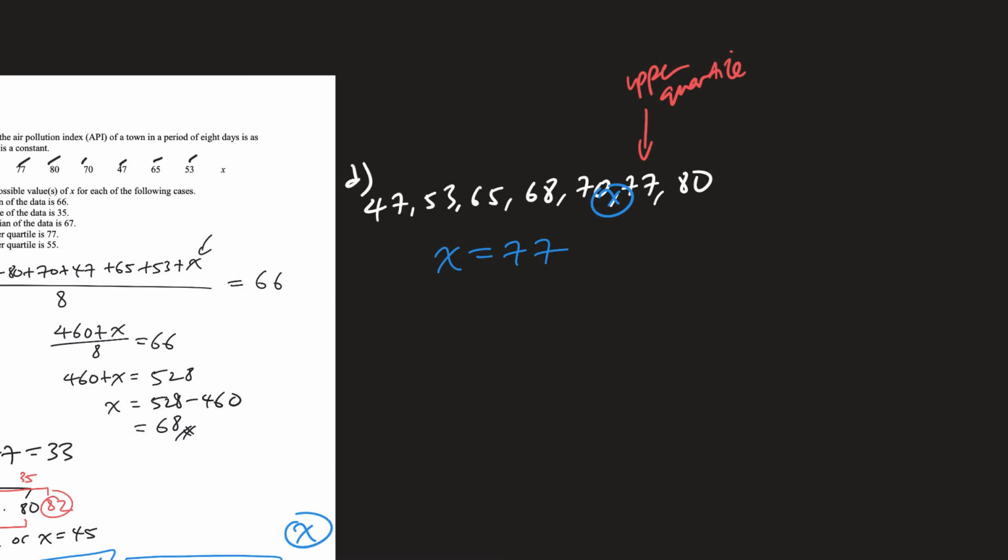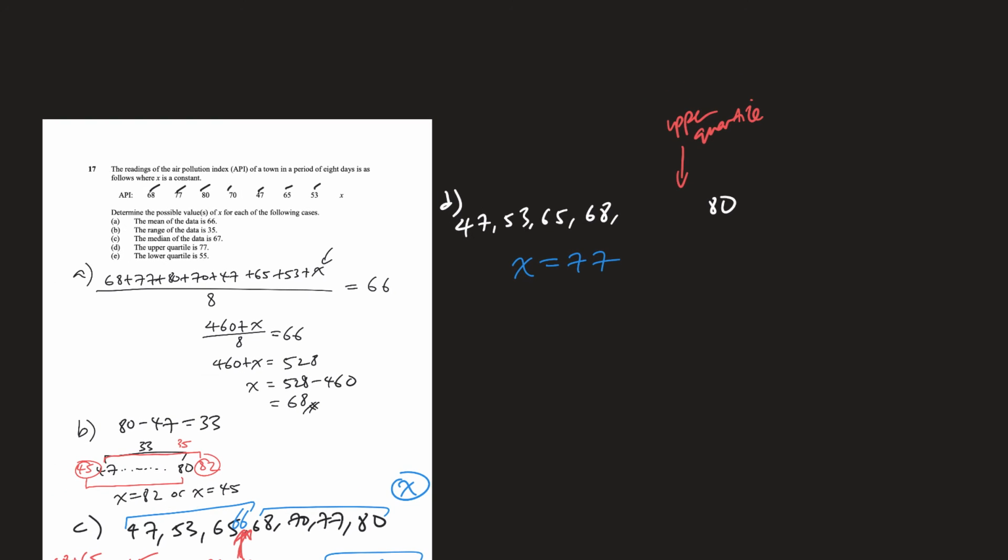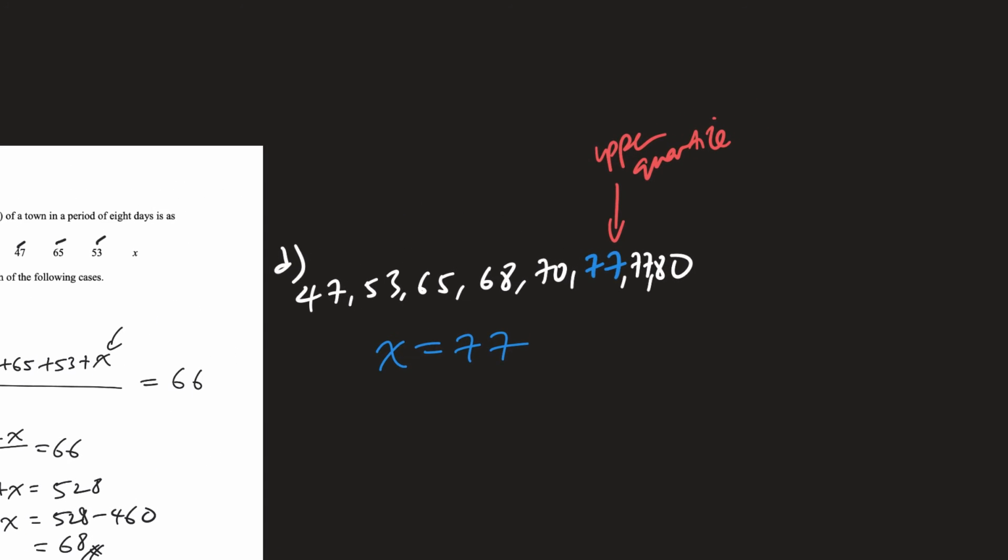Then when it's in between x and 77, since x is also 77, let me just erase and illustrate like this. If you just look over here, 68, 70, and then x is 77, and then I still have my other 77. Then you can see, where's my upper quartile?